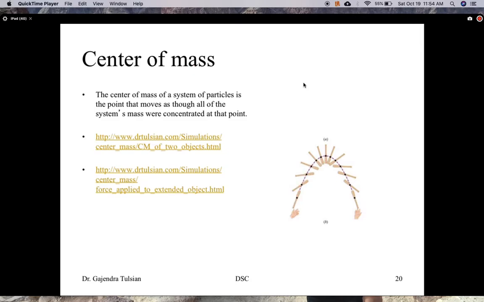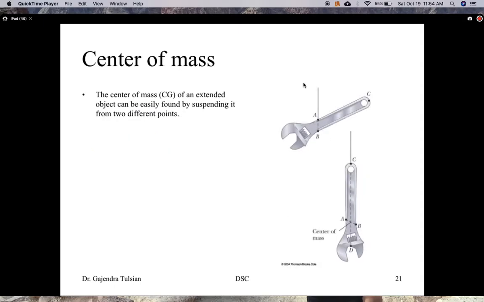Again, I urge you guys to go to these URLs and look at the centers of mass of various systems. If you have an object in real life and want to find its center of mass, just hang the object from a point; the center of mass is somewhere on that line.